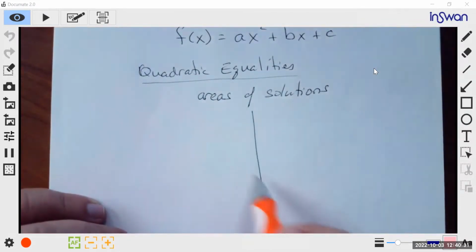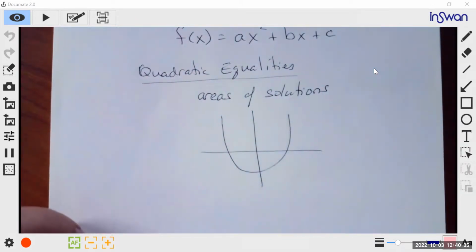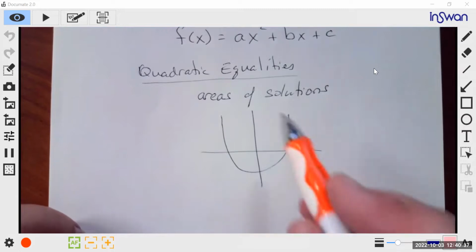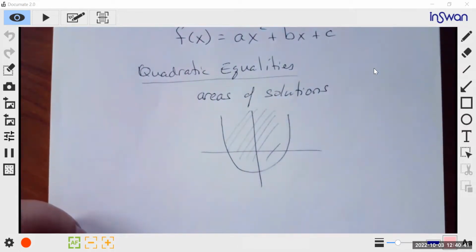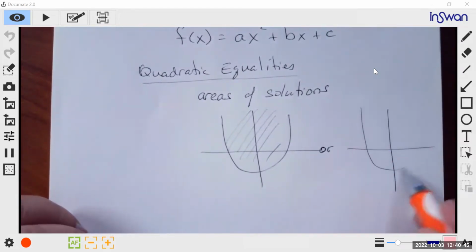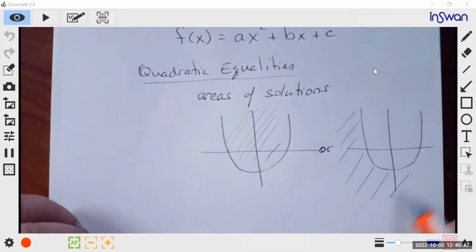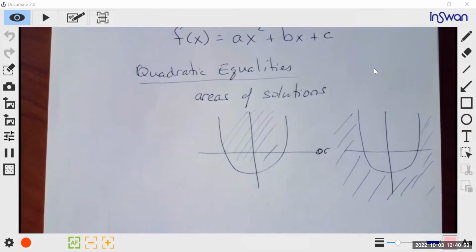So if we have a quadratic equation, which is a parabola, the answer is either going to be inside the parabola or it's going to be outside the parabola. And that's what we test. But we first have to draw the graph and go from there.